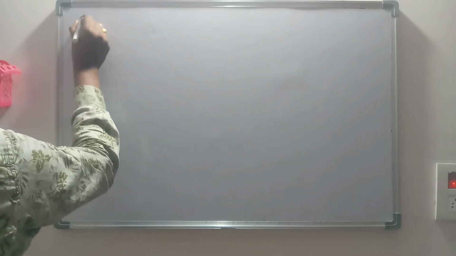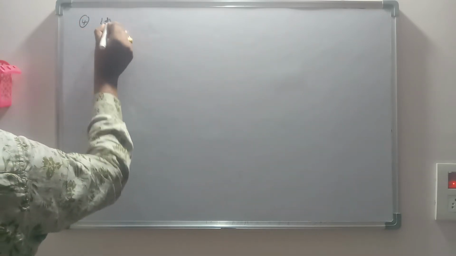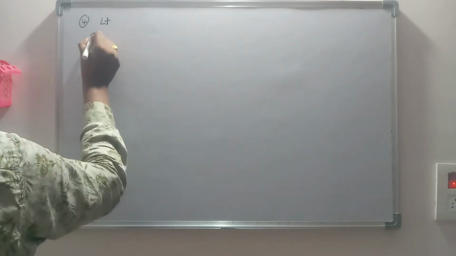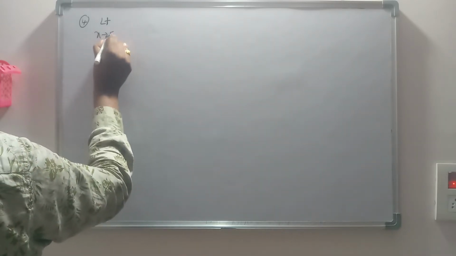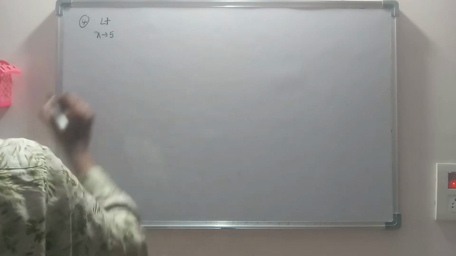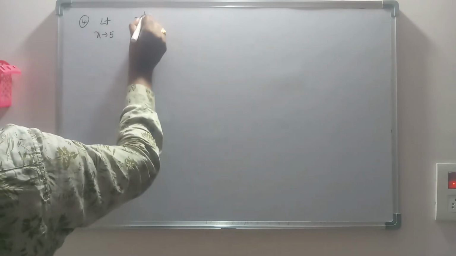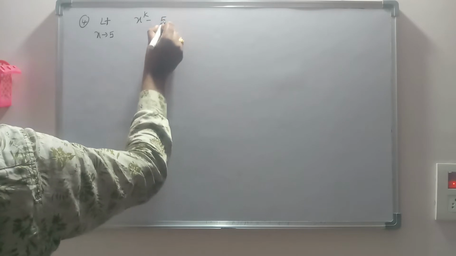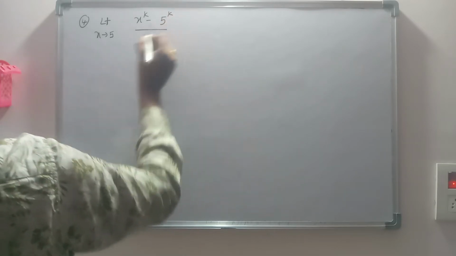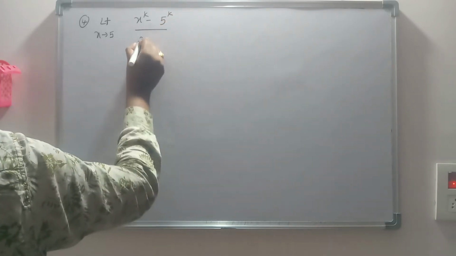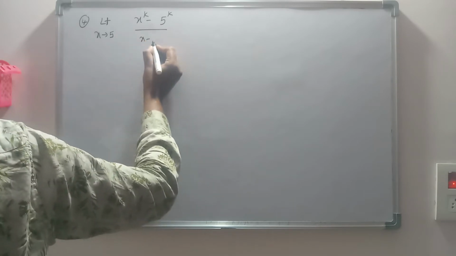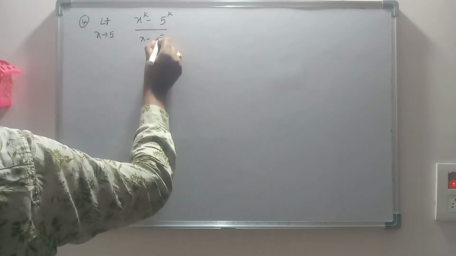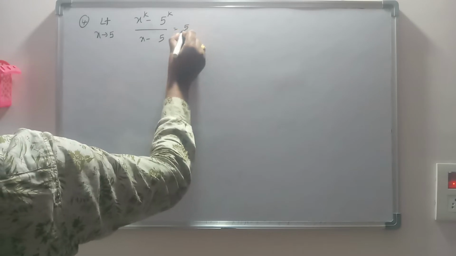Fourth one. Limit x tends to 5, x power k minus 5 power k by x minus 5 is equal to 500.